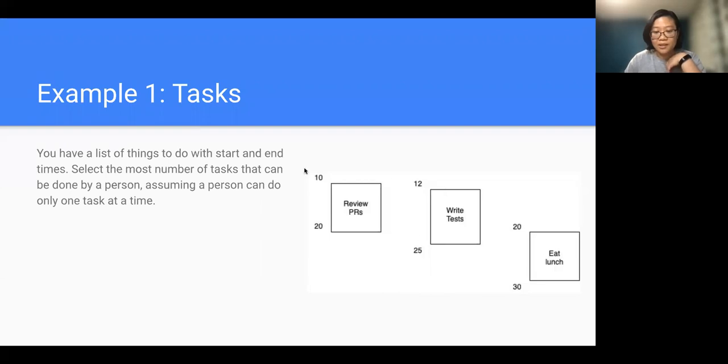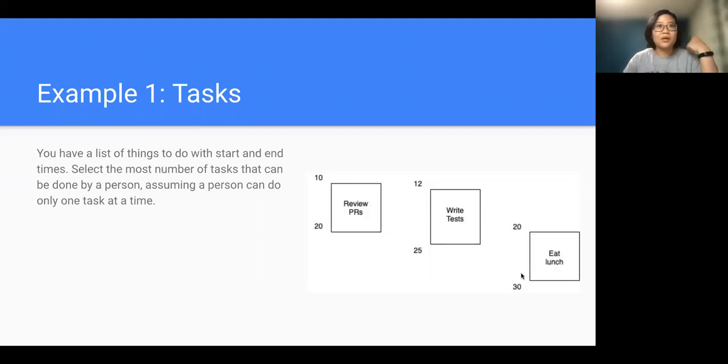That's one property of this problem: we said we can only do one task at a time. So that immediately tells us that if the start time of a task is sometime between the start and end of any of the other available tasks, you can immediately rule that out. And then you do it again for every task that you see in your to-do list.